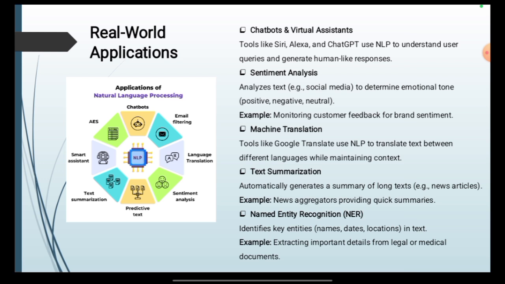So from these details we get to understand that natural language processing, or NLP, has several real-world applications that make human-computer interaction more efficient and natural. Chatbots and virtual assistants like Siri, Alexa, and ChatGPT use NLP to understand user queries and generate human-like responses, improving customer service and user experience.